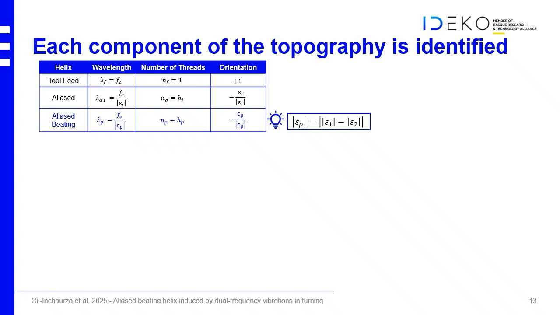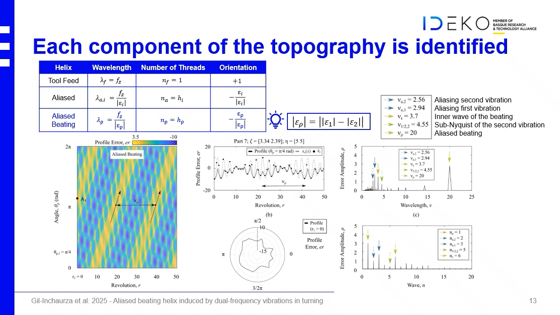And like this, when we look at the topography, we can make measurements axially and in a circular direction to know what are the wavelengths and what are the wave numbers. And we have analytical equations that are related to each peak that we see on the wavelength spectrum. We can see in this case that we have elements that are coming from the aliasing vibration of the second component.